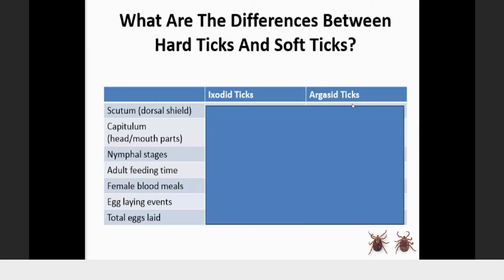So what is the difference in scutum of Ixodid and Argasid? The scutum is present in Ixodid? Yes. How about Argas? There's no scutum, right? Okay. Thank you for answering in the chat box. And then the capitulum. How about the capitulum?